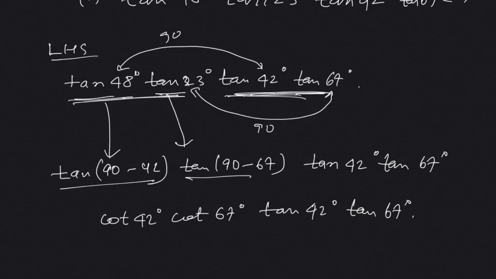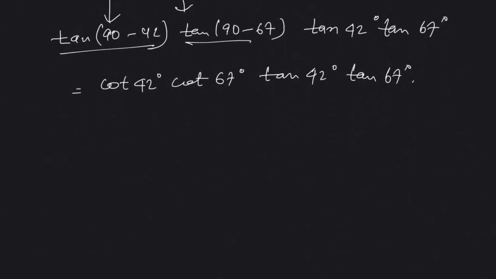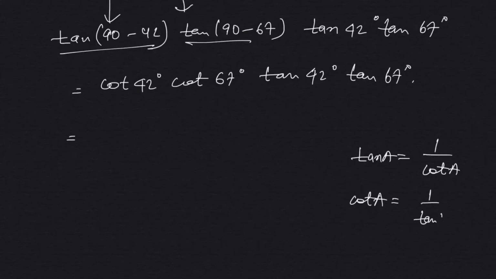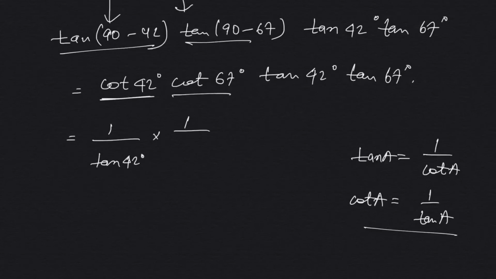One relation that we should know is that the relation of tan and cot is inverse, such that tan A will always be equal to 1 by cot A, and similarly cot A will be equal to 1 by tan A. So this cot 42 we can write as 1 by tan 42, and this cot 67 we can write as 1 by tan 67, into tan 42 degrees into tan 67 degrees, right?